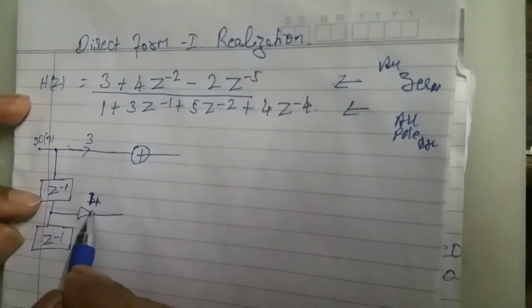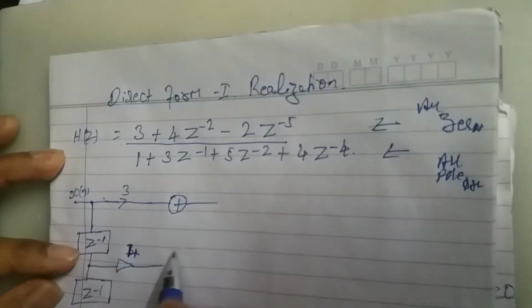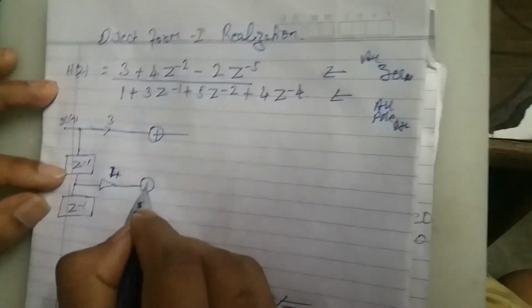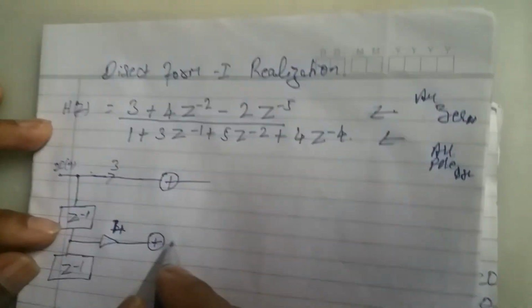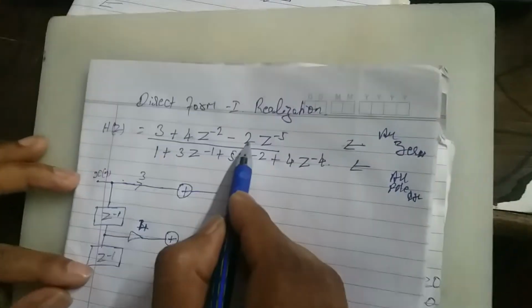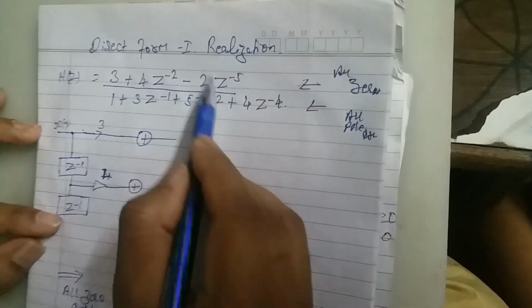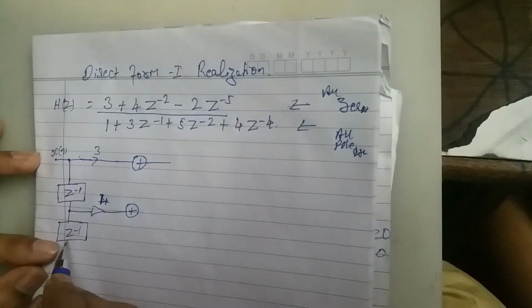Now you go to the second, and it's given to a summer here. So put a summer over there, right? And then you come to the second delay block. The second delay block is multiplied with minus 2. This is my second delay block.